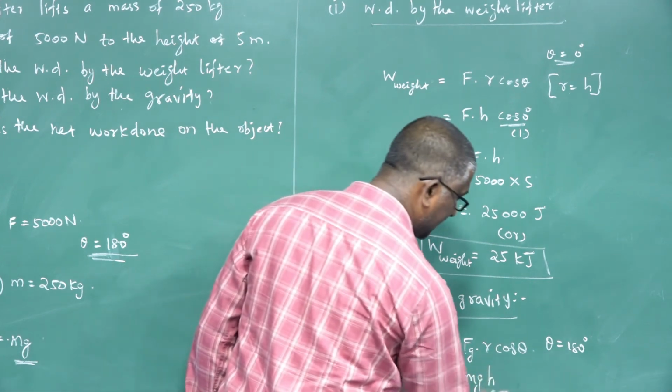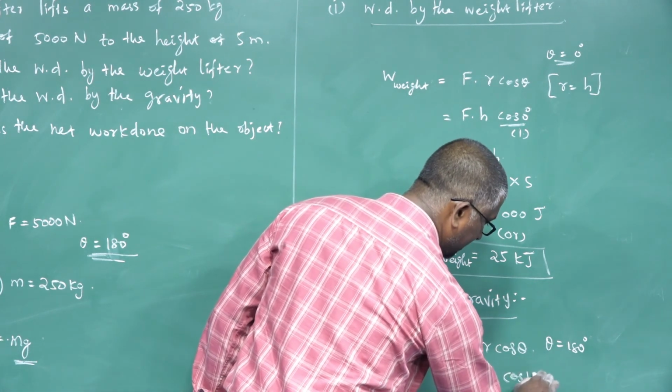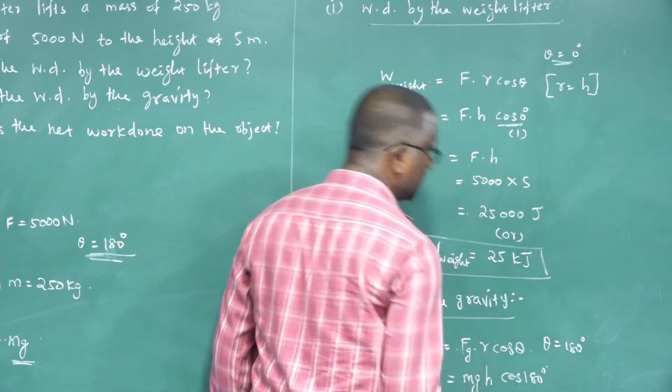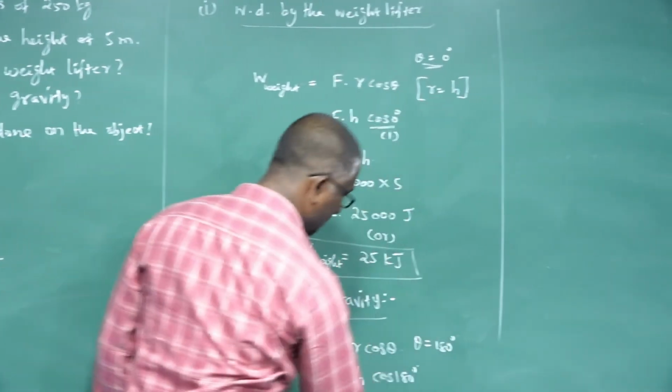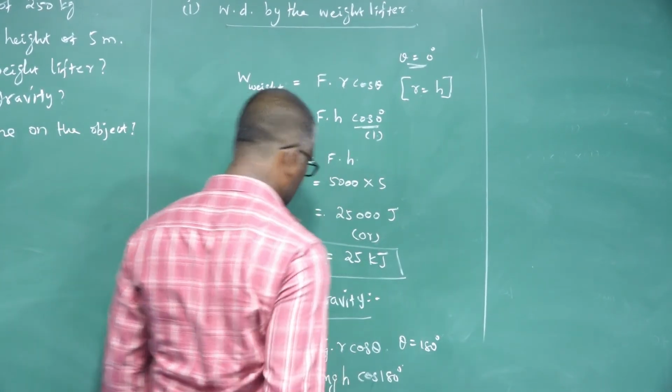Gravitational force is mg and R is nothing but height. So mgh into cos 180 degree. Cos 180 is minus 1.